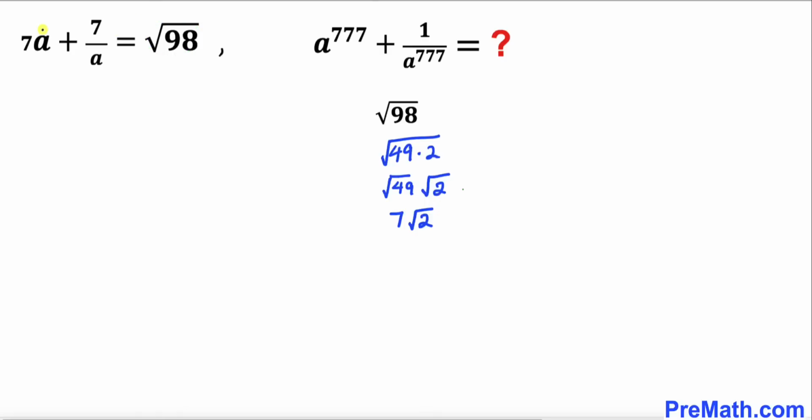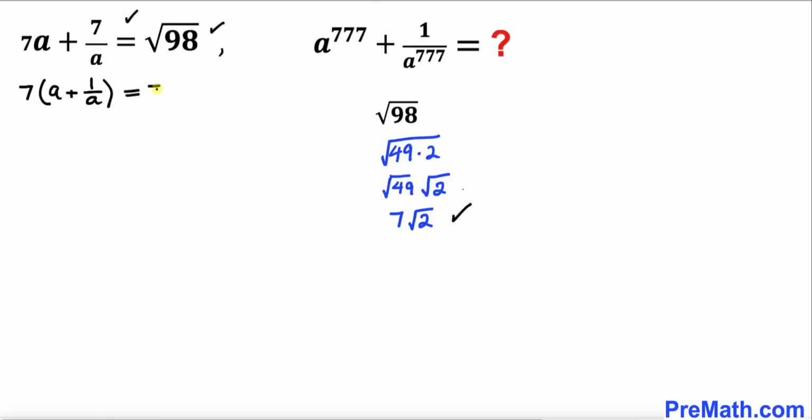Now let's focus on the left hand side of this equation. We can see that 7 is in common, so let me factor out 7. We end up with a plus 1 divided by a inside the parentheses, equals, replacing the square root of 98, 7 times the square root of 2.